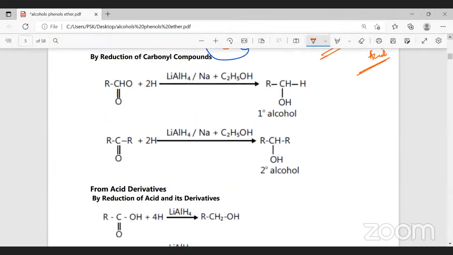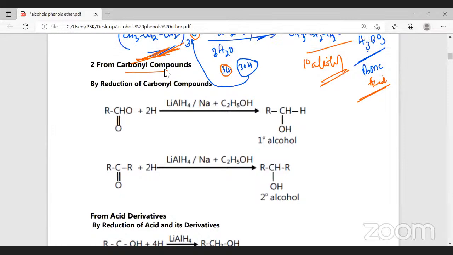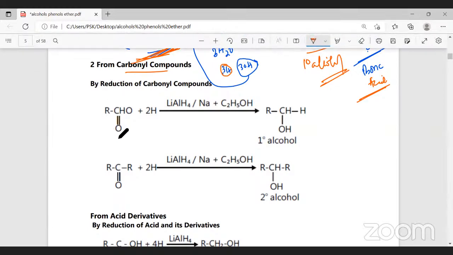The next method of preparing alcohol is from carbonyl compounds. Now, carbonyl compounds like acids or aldehydes or ketones. This is wrongly represented here. It is not an aldehyde. But anyway, we will learn from carbonyl compounds.